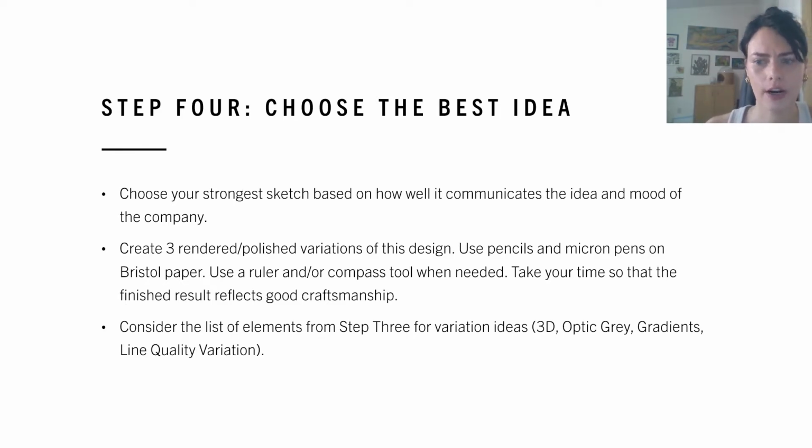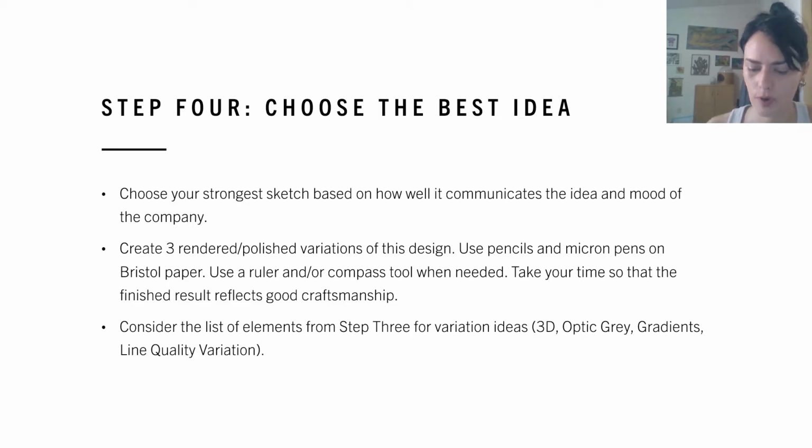We're going to really want to take our time with this stage to make sure that everything looks really nice and polished, keeping good craftsmanship in mind, that we want this to be a really nice finished result. Consider the list of elements from step 3 for variation ideas, such as the 3-dimensional look with perspective lines, that optic gray option, gradients, line quality variation, or any other element that you think could be interesting to add.